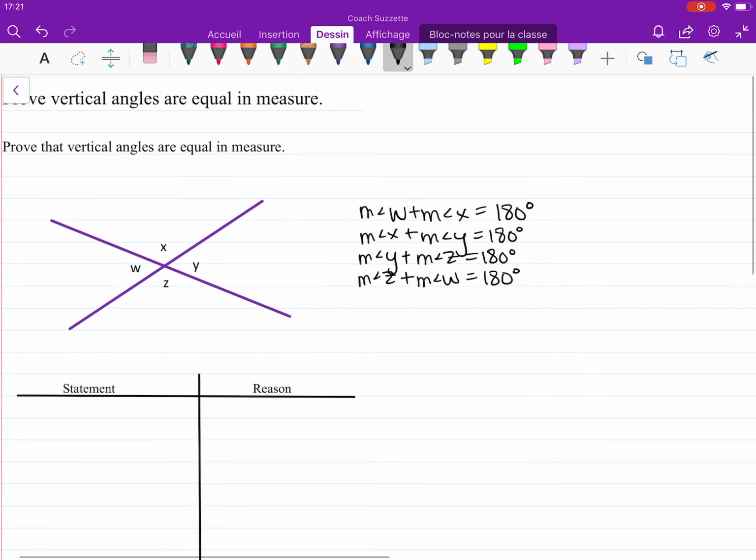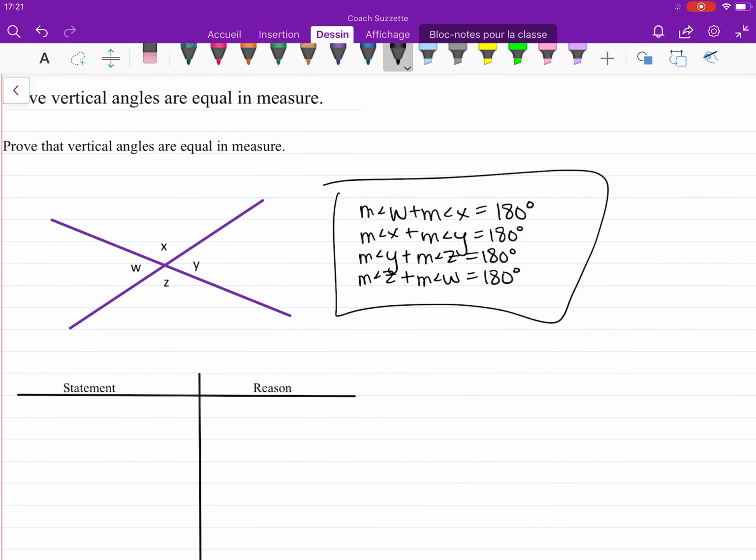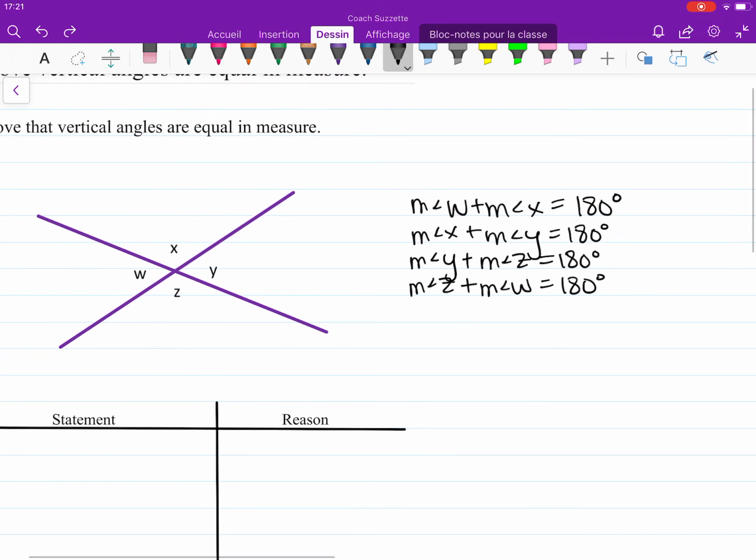Okay, because we may not need to write all four of these equations in our proof. But we want to get to the point where we have the measure of a pair of vertical angles are equivalent.